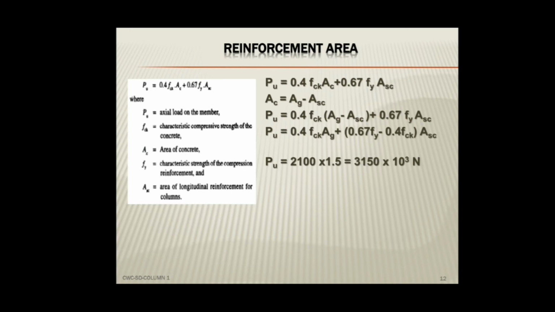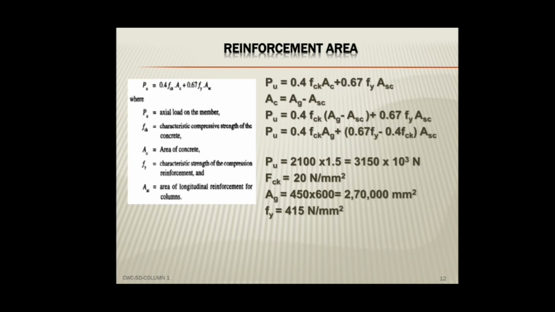Here, Pu is the axial load on the member, that is 2100 into, we have to multiply it by a factor of 1.5, which is equal to 3150 into 10 raised to 3 Newton. fck is the characteristic compressive strength of the concrete, which is equal to 20 Newton per mm square. Ag is the gross area of the column section, that is 450 into 600. fy is the characteristic strength of the compression reinforcement, which is equal to 415 Newton per mm square.